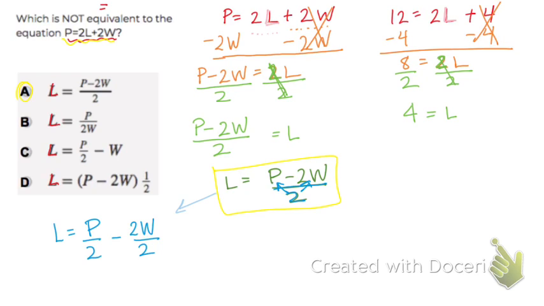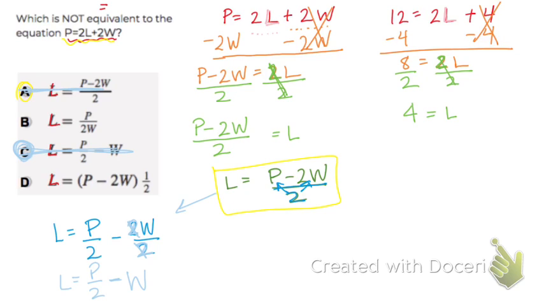Now P, we don't know what it is, so I can't divide that by 2 and get anything. So I'm going to leave that as P divided by 2. But 2W divided by 2, I can take that 2 divided by 2 and cancel it out. So I just have P divided by 2 minus W. So that gives us C. So we know the answer is not A and not C.